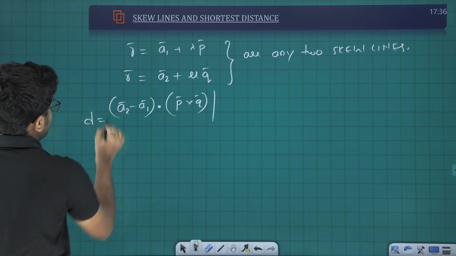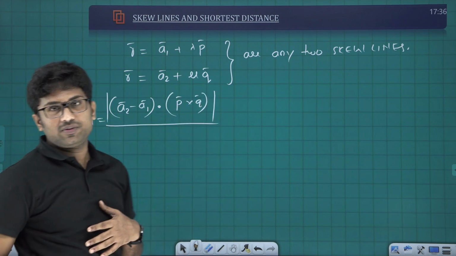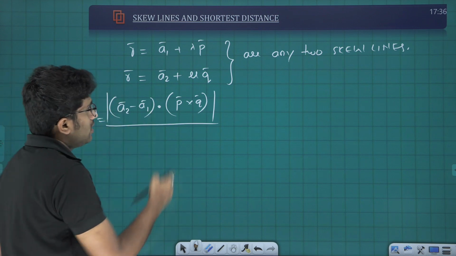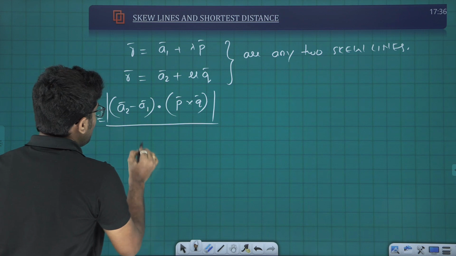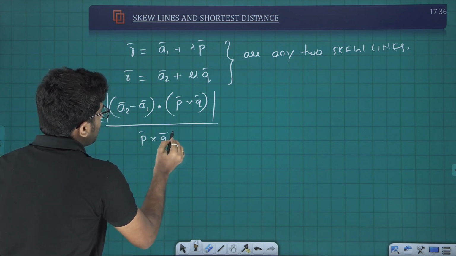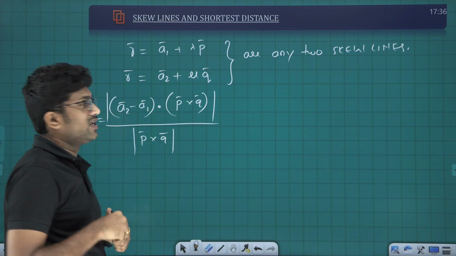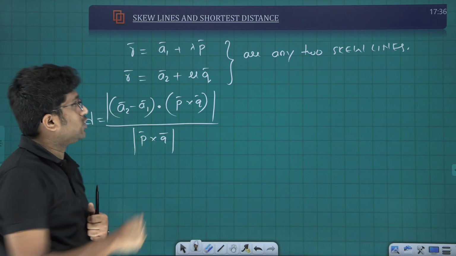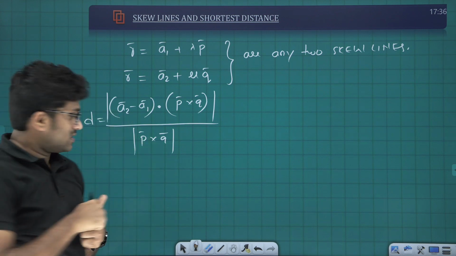We take the modulus of this because it can be positive, it can be negative. Distance should never be positive, never be negative, no? So that's why we take the modulus, whole divided by modulus of P bar cross Q bar, friends. This is how we find the shortest distance between two given skew lines.